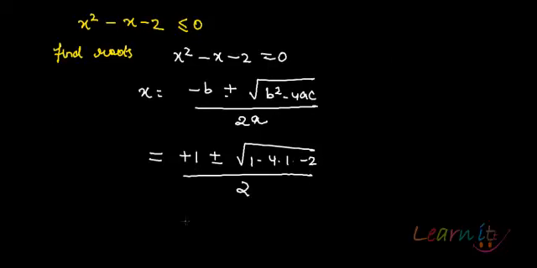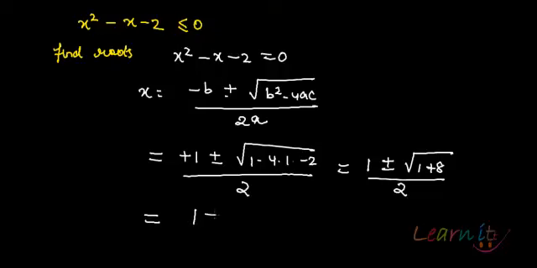Since you have 2a, this becomes 1 plus minus square root of 1 plus 8, right? So 1 plus minus 3 upon 2. So this will give you two roots, right? The roots will be x equals 2 and minus 1.